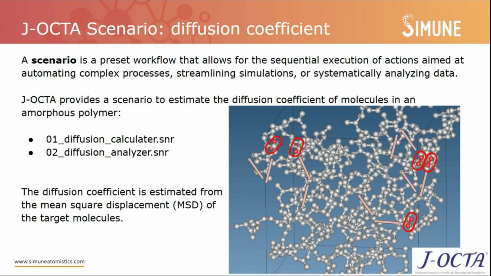In this specific scenario, which is called diffusion scenario, we will see that there are two sub scenarios, one for performing the calculations, and the other to then analyze the results and extract the diffusion coefficient. The diffusion coefficient is estimated from the mean square displacement of the target molecules.